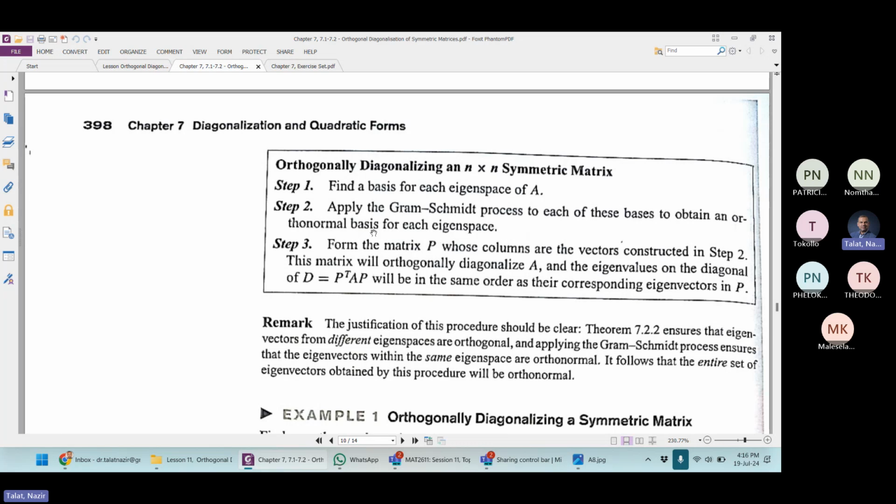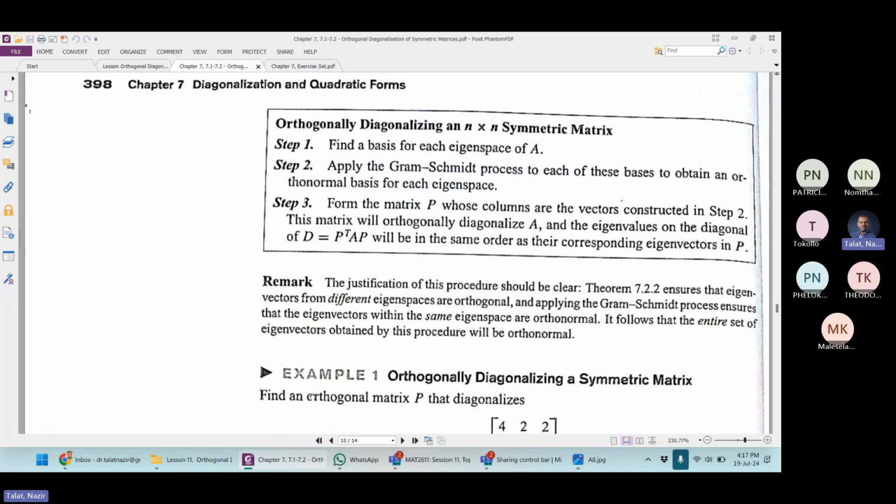Then from that orthonormal basis, if we combine, we can generate a matrix P. That matrix P has the beauty that if you take its transpose and multiply with A and P, it will always equal a matrix D. Such a matrix D is a diagonal matrix, and its diagonal entries contain the eigenvalues of the given matrix A. That is the important relation between them.